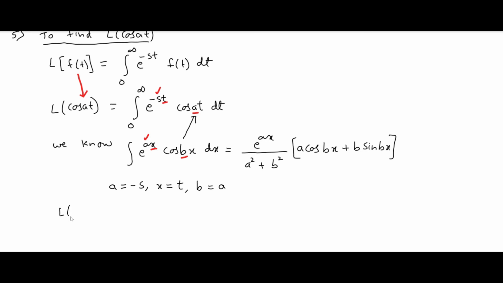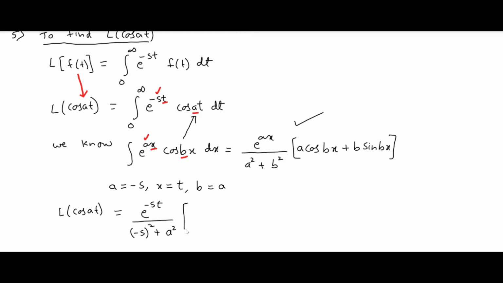So we get Laplace transform of cos at will be equal to, so we'll try to use the formula e power of a value is minus s, x value is t, divided by a value is minus s, so we'll be getting minus s whole square plus b value is a, so we'll be getting a square.